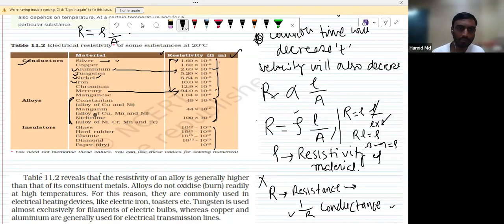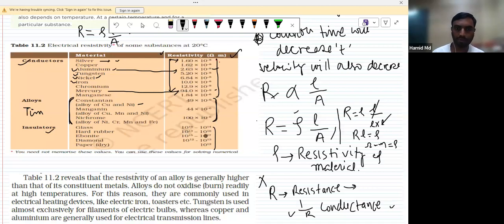Similarly, manganin is made of copper, manganese, and nickel. Constantan is nickel and copper. Similarly, tin is also an alloy, right? Tin is also an alloy.